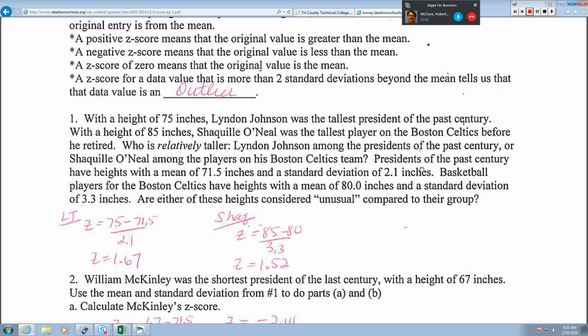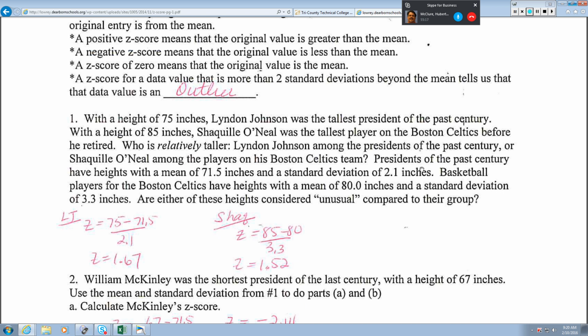So if there's no requirements at all and no advantages at all for a president to be tall, then pretty much LBJ is a big fish in a little pond. But what is Shaq? He's a little fish in a big pond.